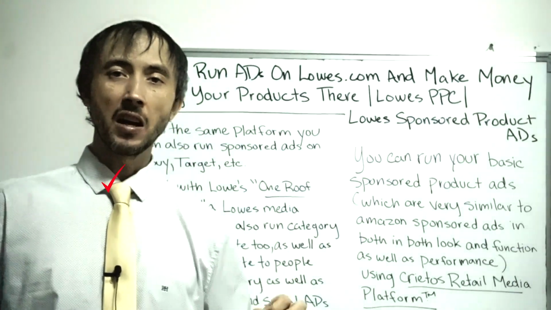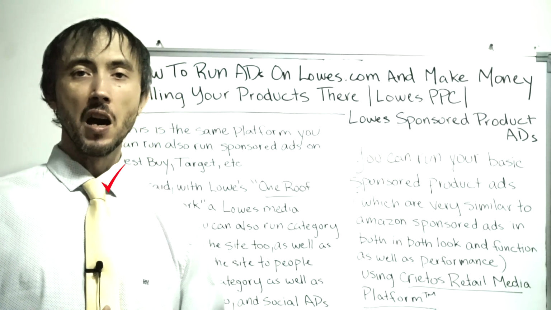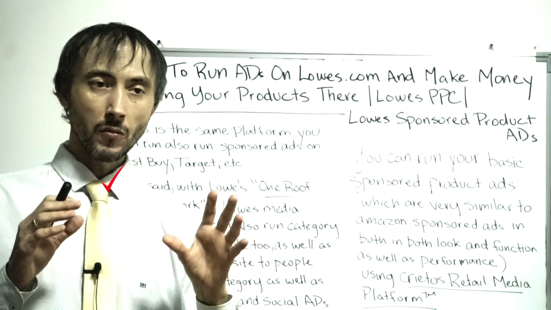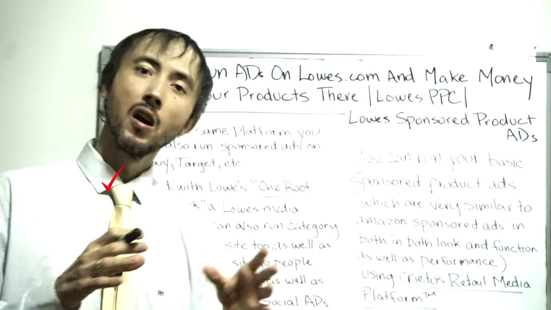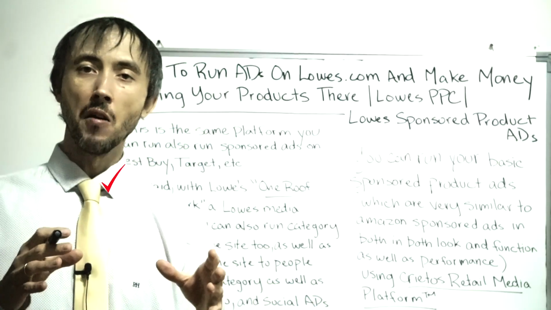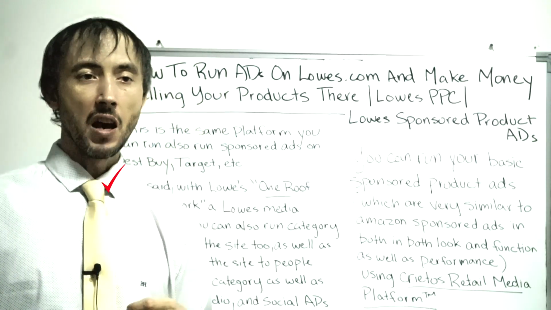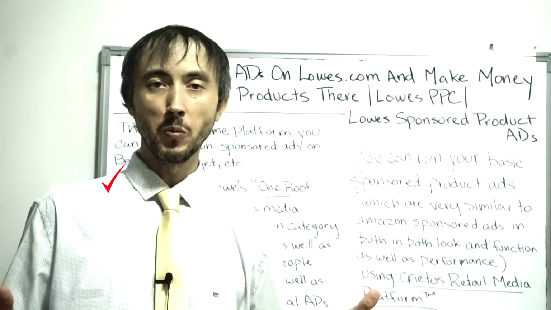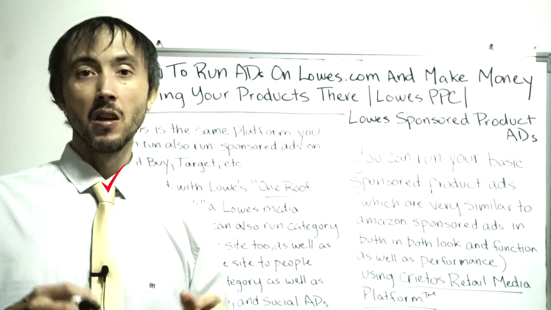Lowes.com has social media. They have Facebook, they have Twitter, and so on. They'll actually run a social post on behalf of marketing your product, or run ads. So it's one thing, you could run ads on Facebook on your own and make some sales. Maybe you're successful with that, maybe you're not.